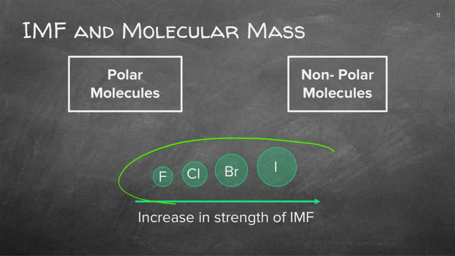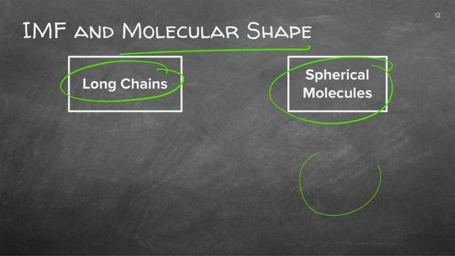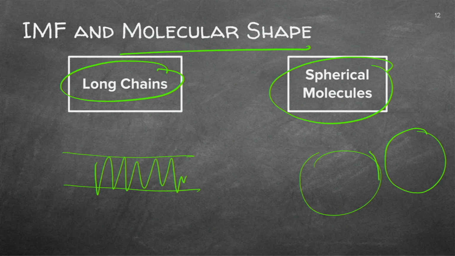So increasing molar mass will increase the intermolecular force. And let's quickly just revise the others. Remember the molecular shape, whether it's a long chain or a spherical, a round or a longer chain. These will have more contact area. This will have less contact area. So it's important that this will have a greater, obviously, boiling point because it's stronger intermolecular forces.